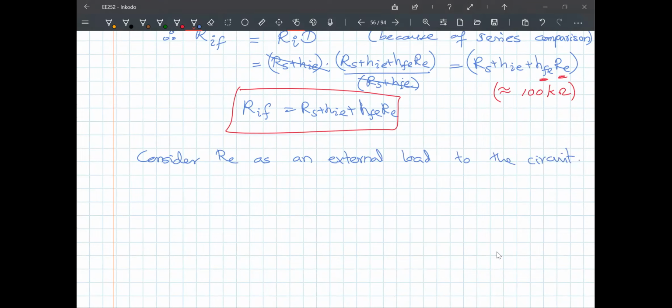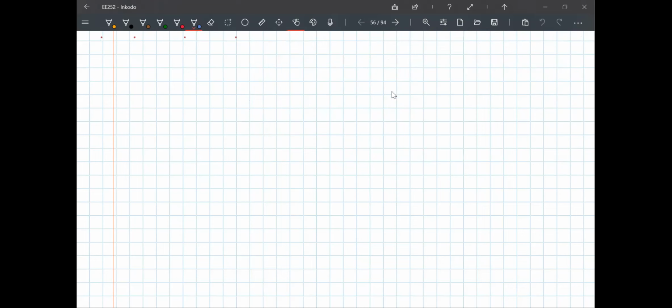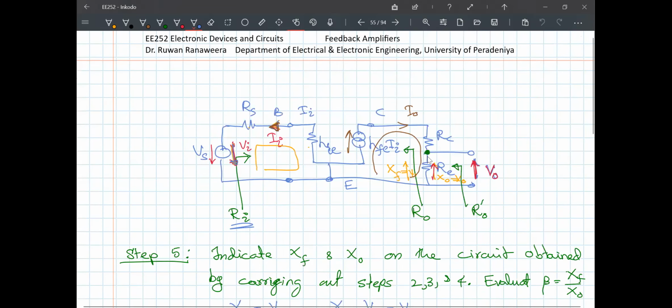So if there is no load, that means RE has to be infinity, because we are going to remove RE. So what is the R out? R out in this case is equal to the impedance looking into this collector terminal. Looking from here, you have infinite impedance here and RC in series.